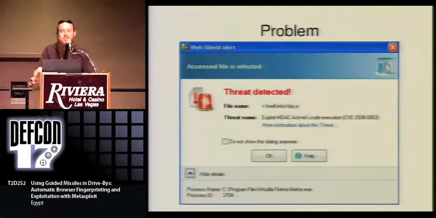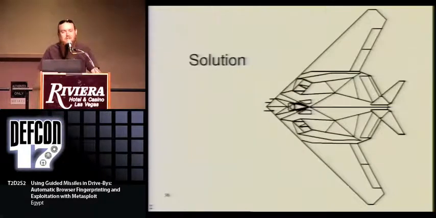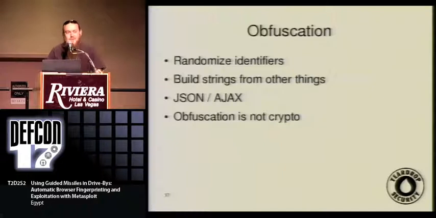I want people to give me shells. AV stops my shells. So the solution here is some stealth. If we don't look like we're evil, then AV will let our shells come back, and everybody likes shells. The way we do that is largely through obfuscation.